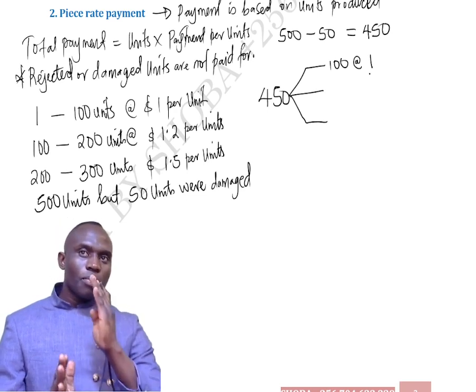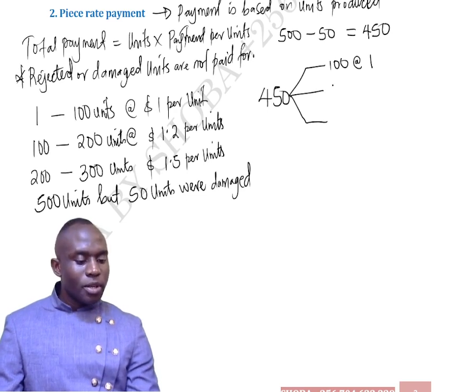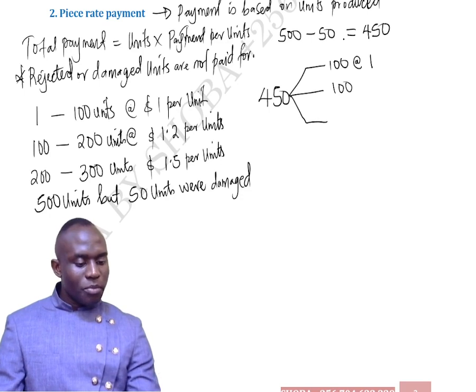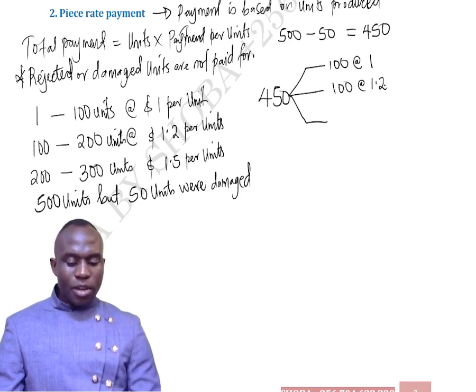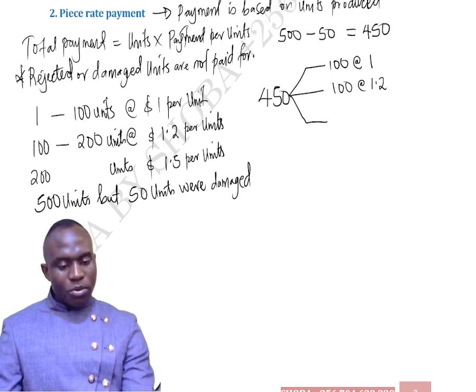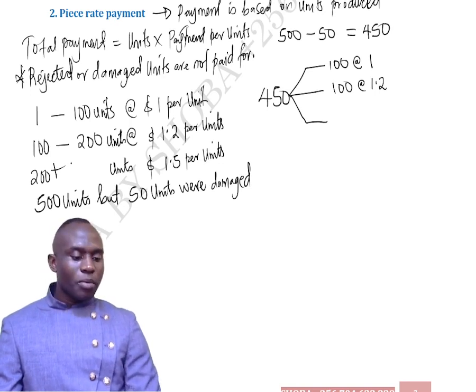Then from 100 to 200, it is just 100 units in between, and the payment is 1.2. Then if you go beyond, I'm just putting 200 plus. When you go beyond 200, the payment is 1.5.